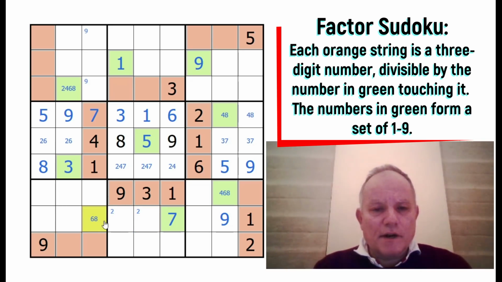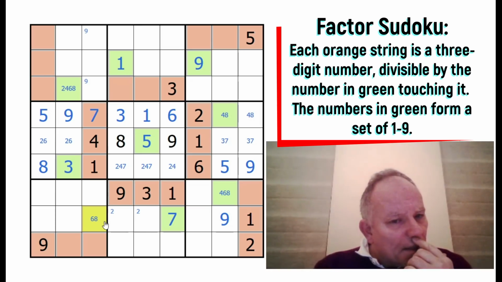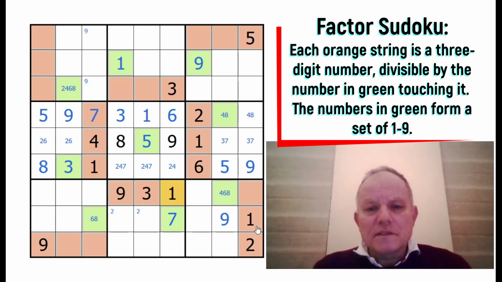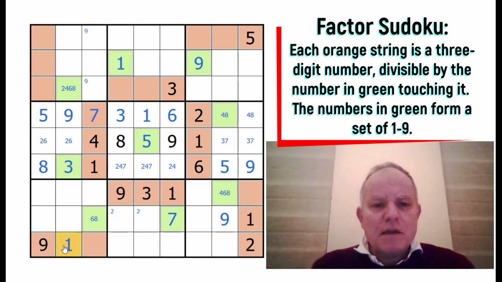That's either 6 or 8. Look at those 1s. They're acting in this bottom left box to put a 1 here. And now maybe we can use this 6 or 8 divides into. So it's got to be an even number. 2 and 4 are not possible for this cell, so 6 or 8 again.